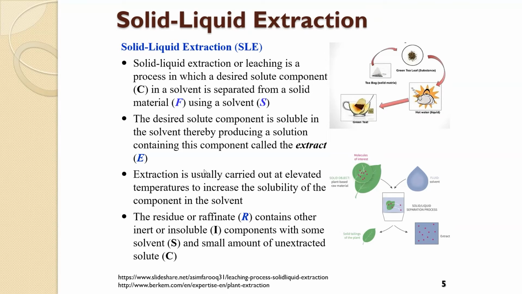Of course, at higher temperatures, the solubility is increased. The residue or raffinate in this case contains other inert or insoluble components with some solvent and some small amount of unextracted solute.